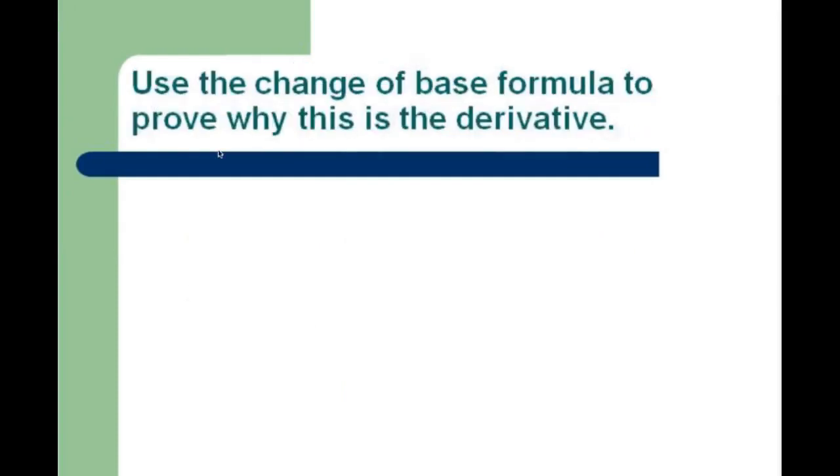So let's derive the natural log of u over the natural log of a. I need the quotient rule because I have division, as well as my new natural log rule.